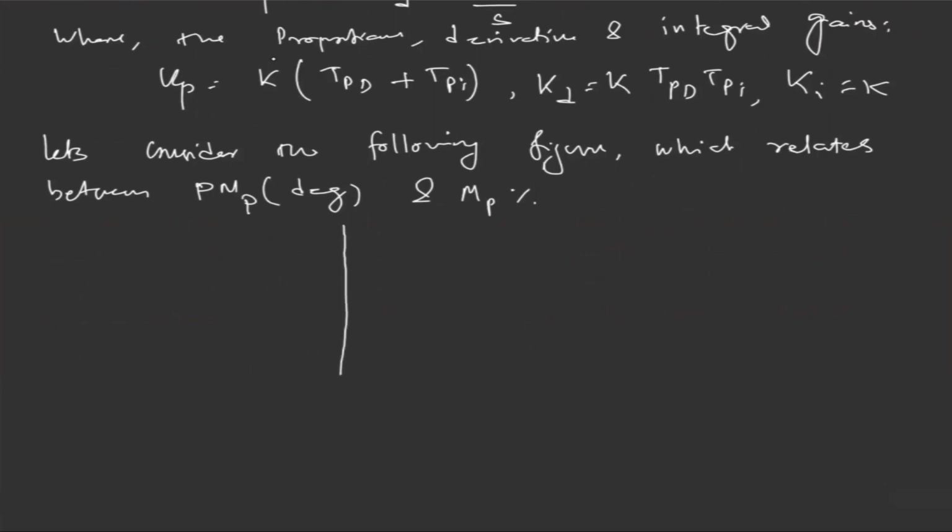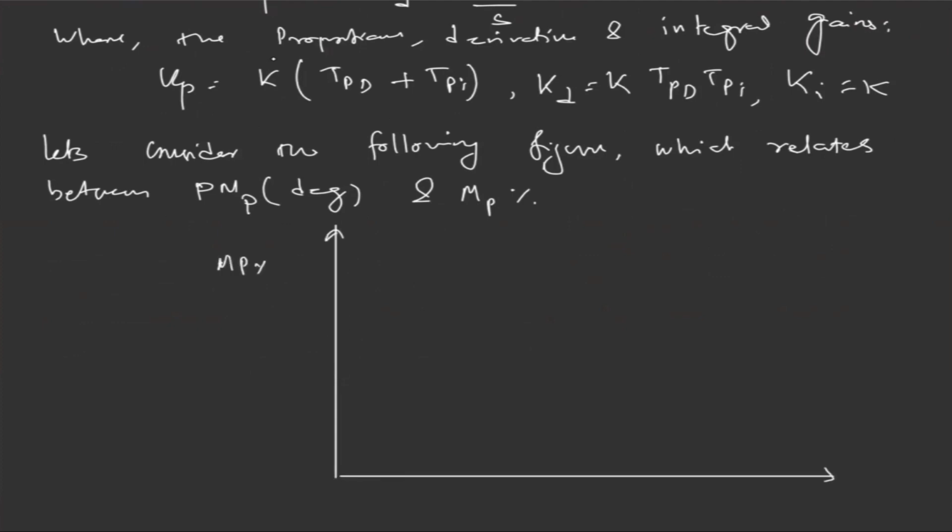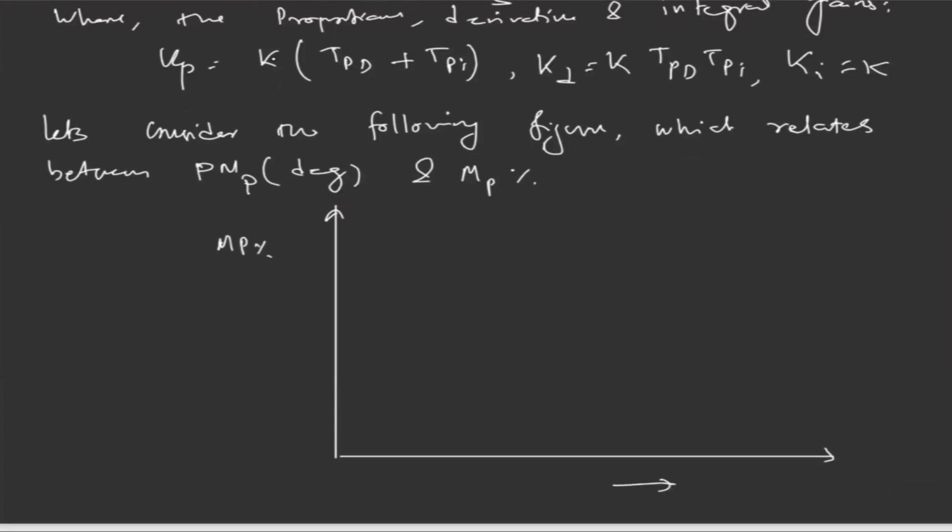So here, let's assume this is the maximum overshoot axis, MP percentage, and this is the phase margin in degree. So we'll start.